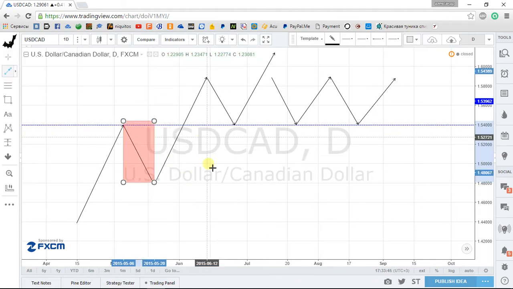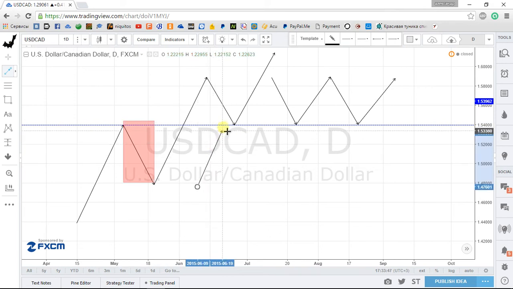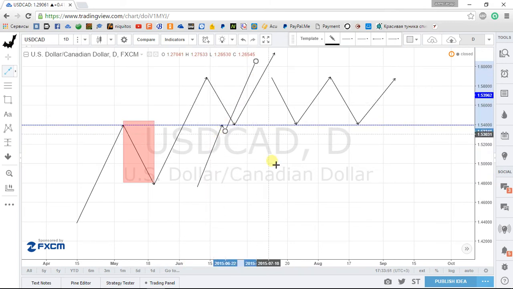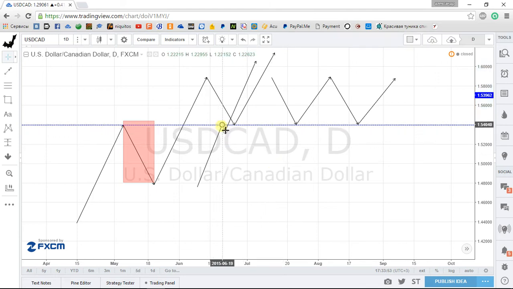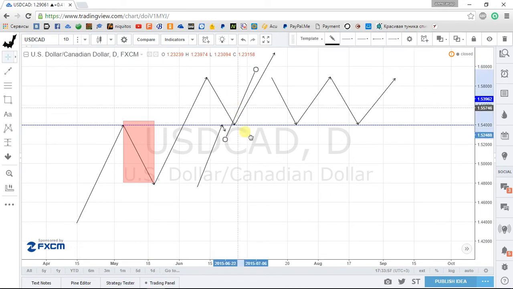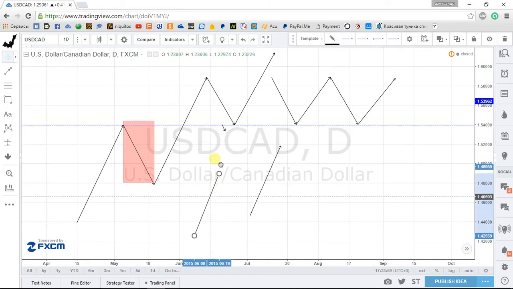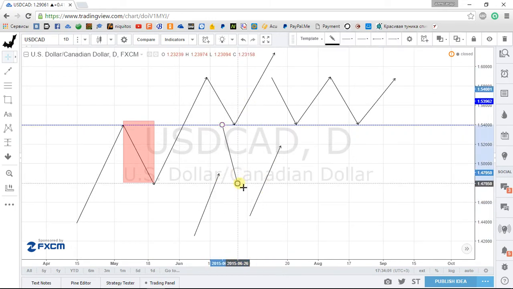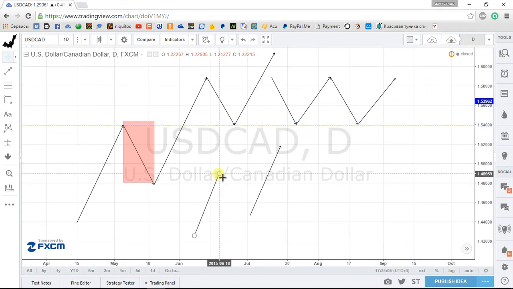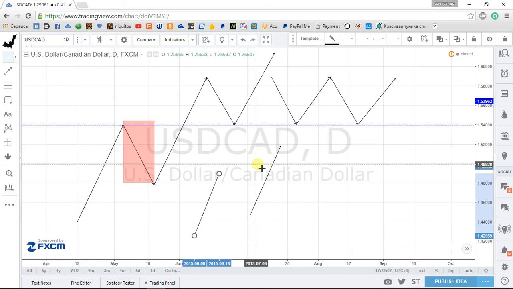If the bounce is very small, something like that, and then like that, this is nothing. This means nothing, because I did it wrong. I drew it on the same level. I needed to draw it somewhere else.